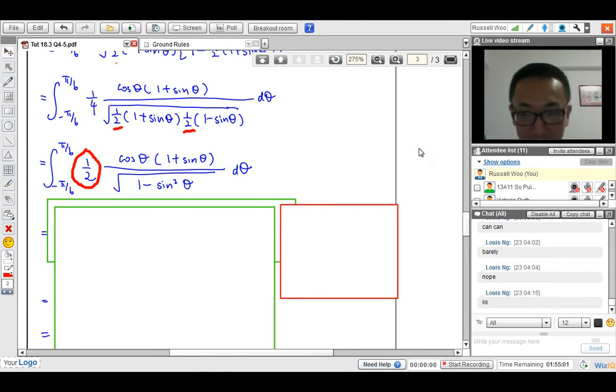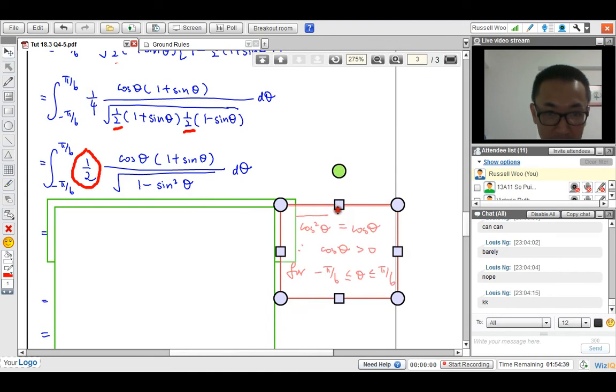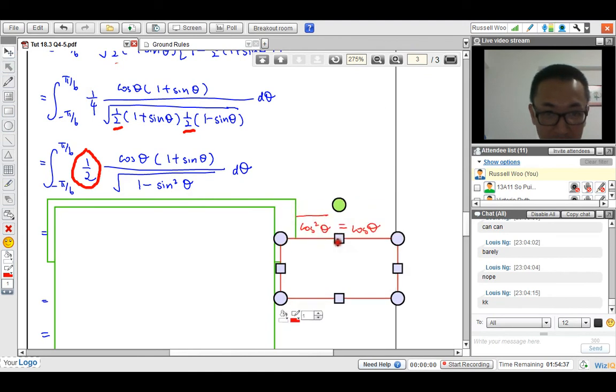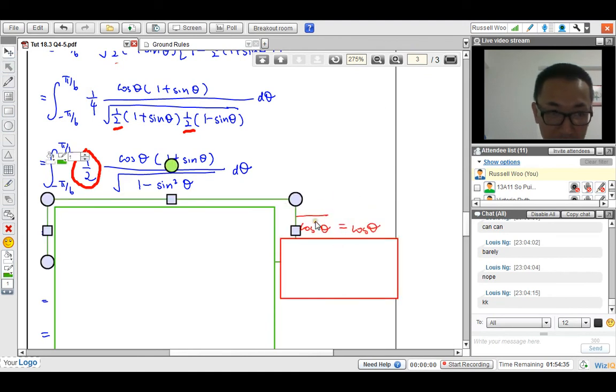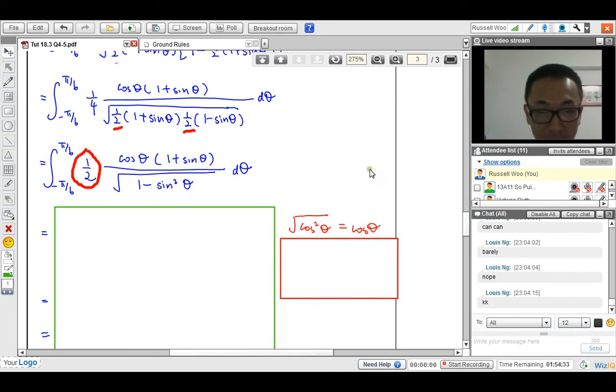Now again, it's irritating. The square root is getting in the way again. Is there any way to get rid of the square root? Again, we use an identity, right? 1 minus sine square theta is cosine square theta. So again, we ask ourselves, is this line true?